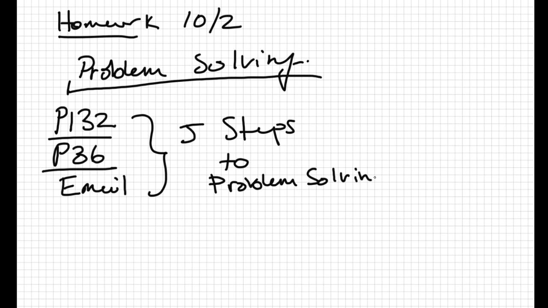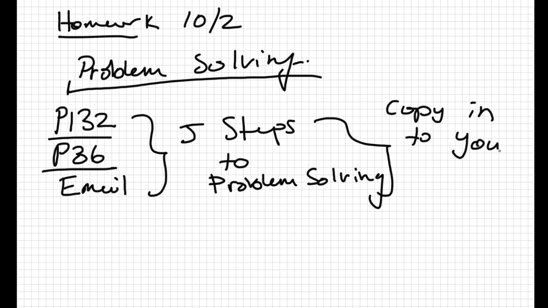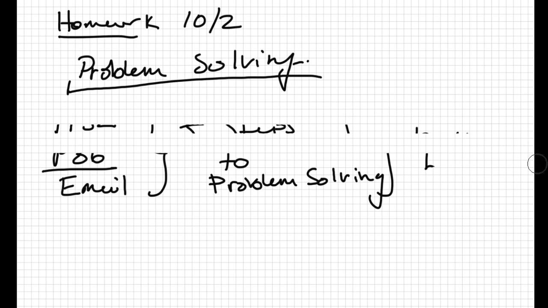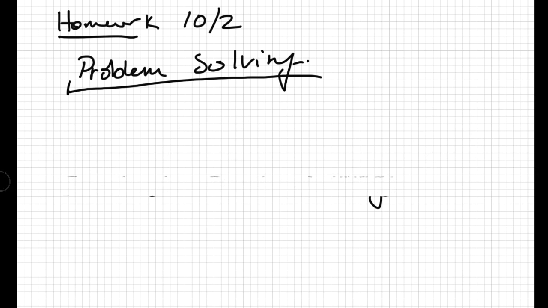So what I would like you to do is to copy these 5 steps into your book. Now if you don't have your book, find something to write on and write down step 1 to 5. So pause the video and write those down for me. Now, I'm erasing this now, which means hopefully you have copied those down.